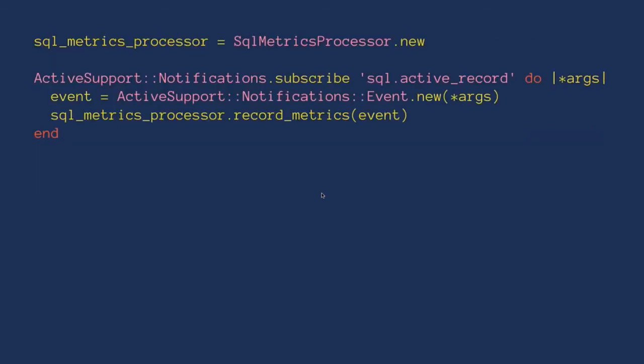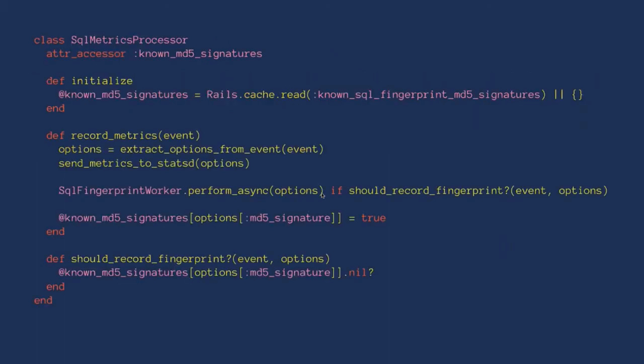So we built this. This is how we now hook into Active Record events. We pass the event to an instance of a SQL metrics processor class. Hopefully you can read this. The class is 99 lines long, but I'm only showing the interesting bits today. When an instance of this class is created, it pulls a list of known fingerprints out of the cache.